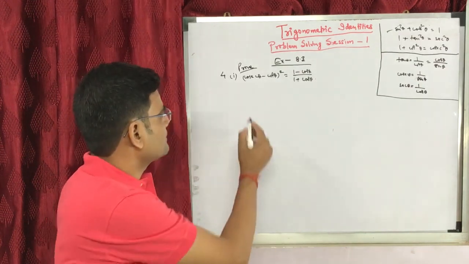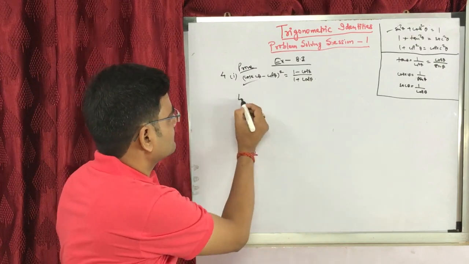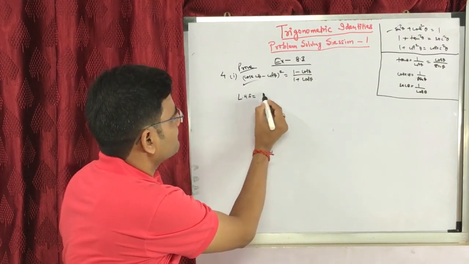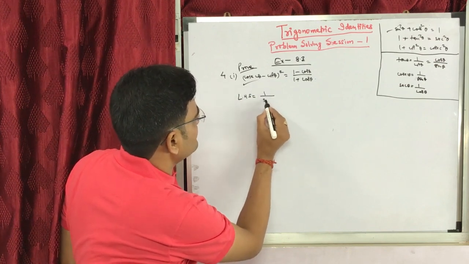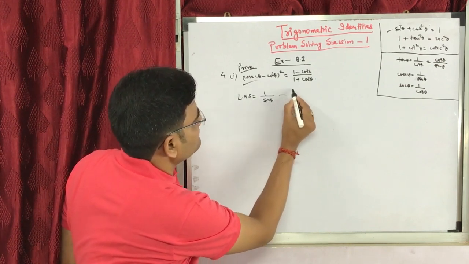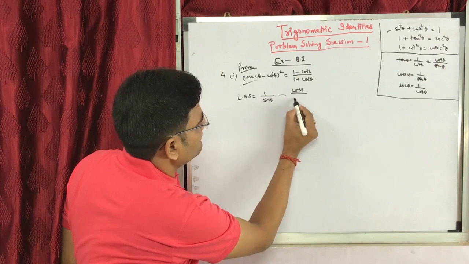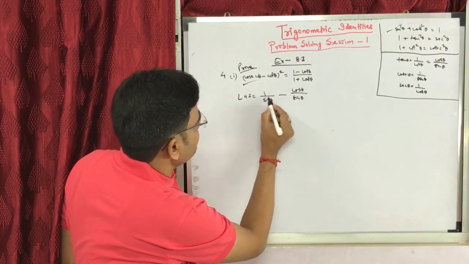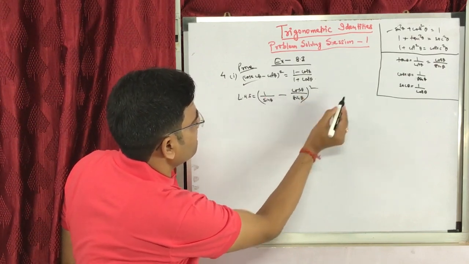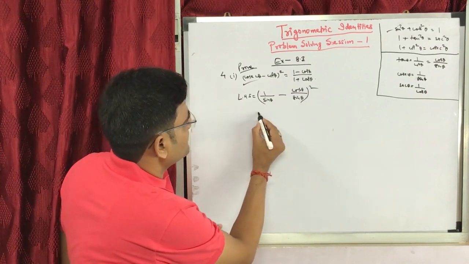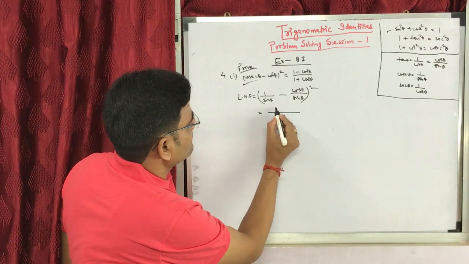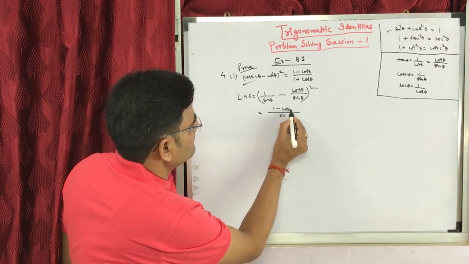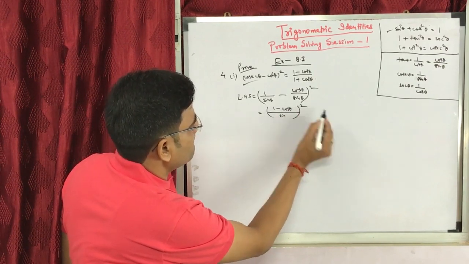So let's start with LHS. If I break this, cosec is 1 by sine minus cot is cos by sine, whole square. That leads to, take LCM, (1 minus cos theta) by sin theta whole square.